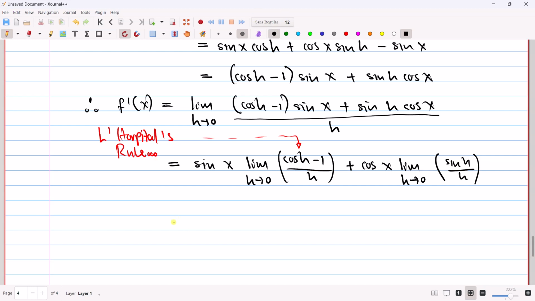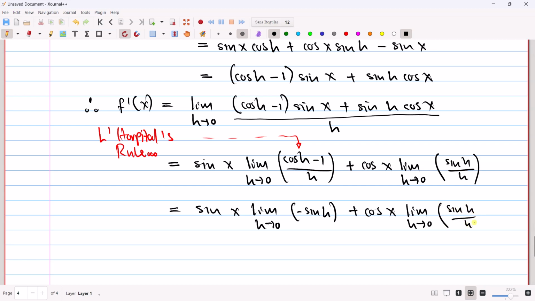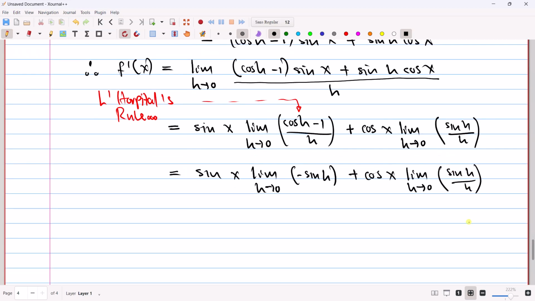When you apply it, you get sine x times the limit as h approaches 0 of minus sine h, plus cos x times the limit as h approaches 0 of sine h over h.